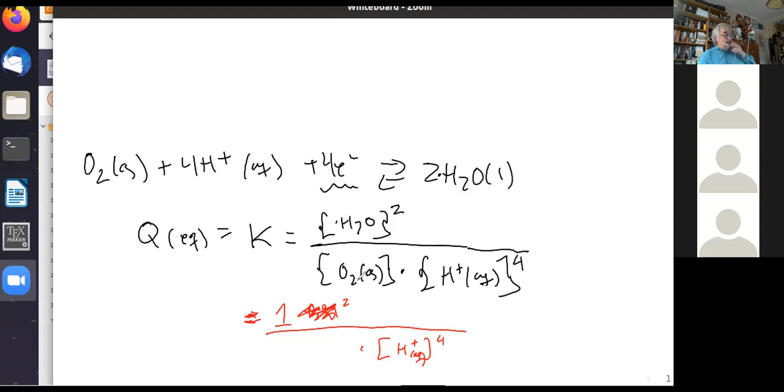For pure gases, it is said to be unity, but for dilute gases like air, for example, it's something like 20%, and we can put in a value of 0.2 approximately.